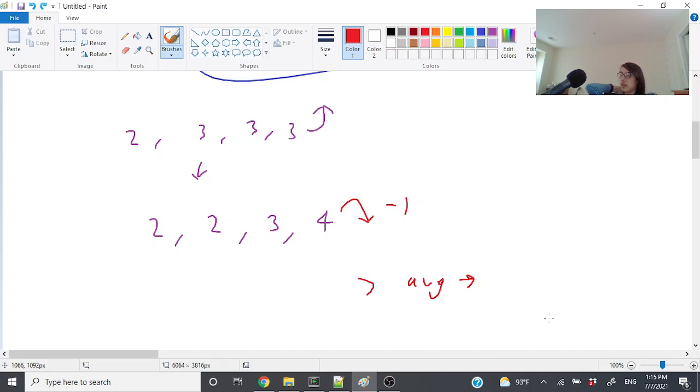Anyway, the point is, if we bring everything larger than the average down by 1, and everything smaller than the average up by 1, then they'll all get sort of closer to each other. I don't know, this proof is falling apart.